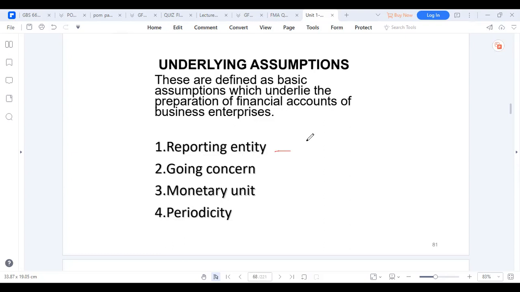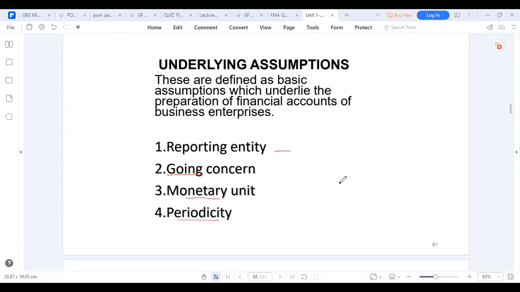These are separate legal entities. Going concern simply implies that you should look at a company to have a foreseeable future, that even if it was established in 1960, it should be seen as one company that will go on for a foreseeable time. Monetary unit assumption: we will always value all concerns in monetary form.